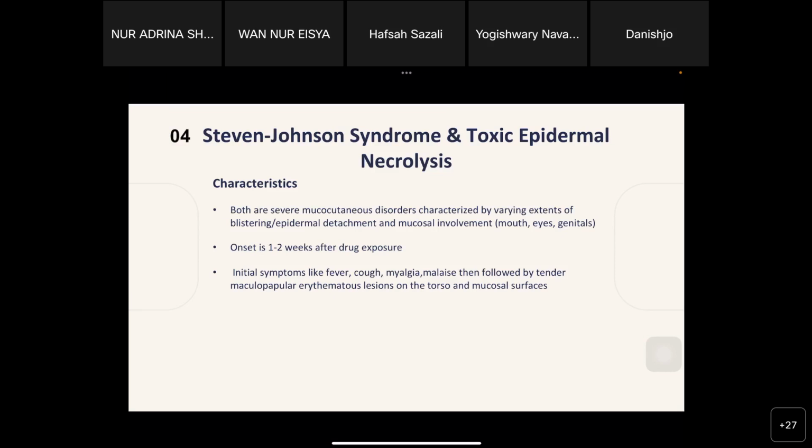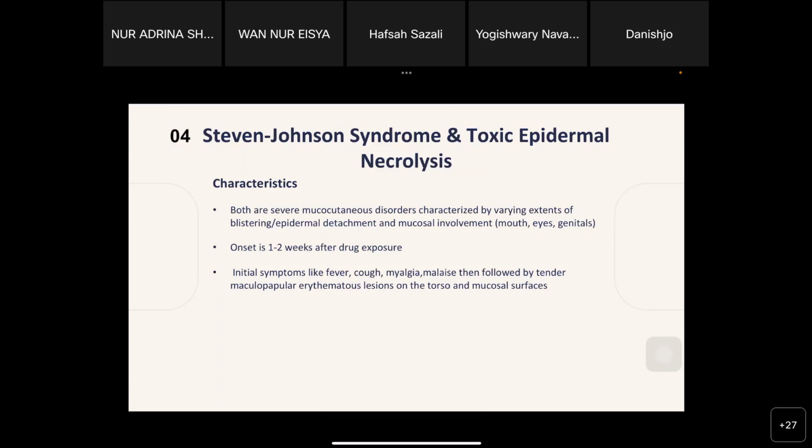I think like I said, it's very important for you to have a look at the photos. The timeline is a bit different for each of them, so have a look at those. I think those are the important things: common medications, timeline, features, the systemic involvement.